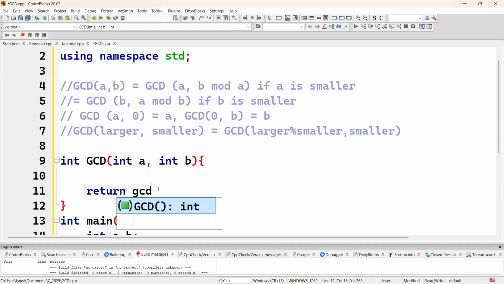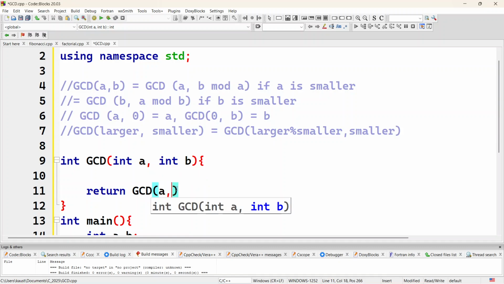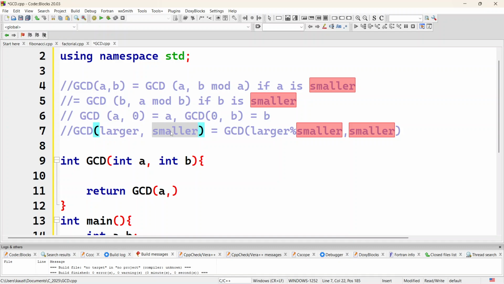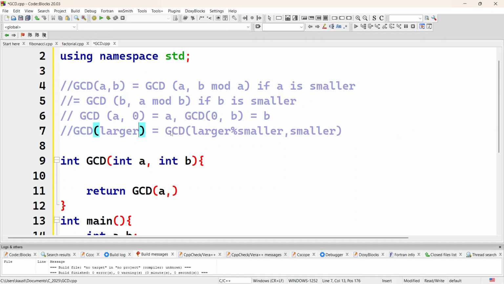I will say return GCD of, now A is the smaller number, right? So the smaller number should remain as it is. To avoid confusion, I will change the order here also. Let's say the first one is the smaller, the second one is larger. The first one we keep as it is, and the second one we will keep on reducing.